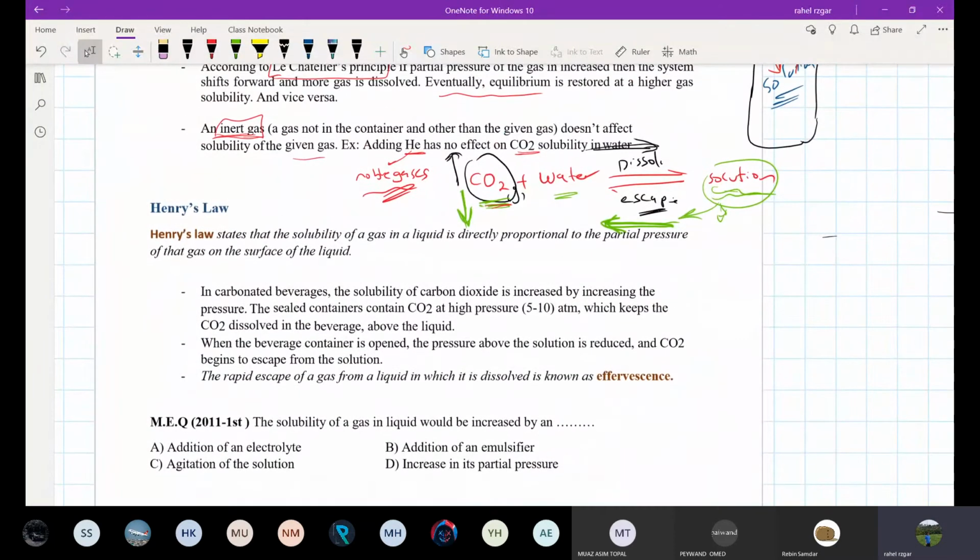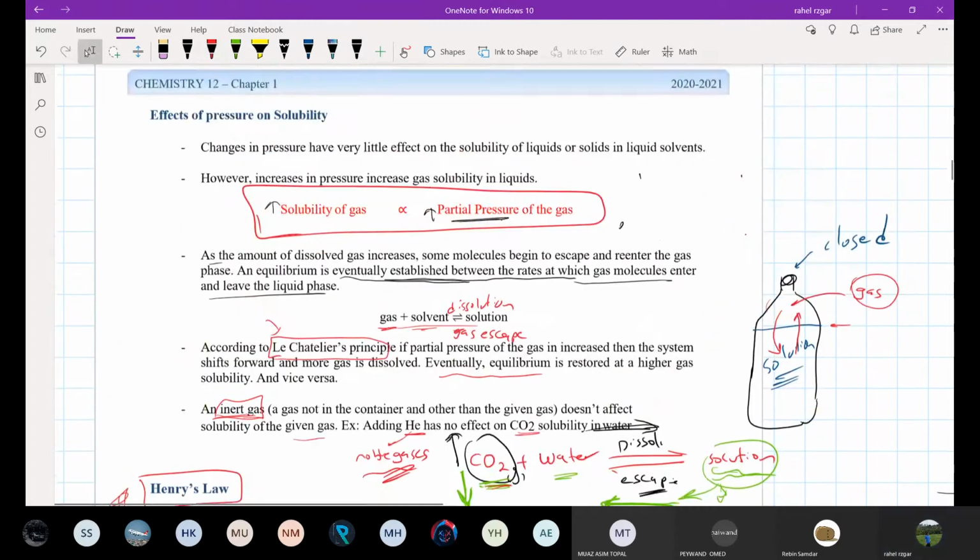What do we call this law? What do we call this phenomenon, this thing about gases in liquids? We call it Henry's law. This is important. What is Henry's law? Henry's law states that the thing that we wrote here, this rule, is Henry's law.